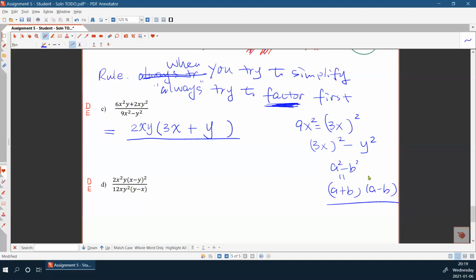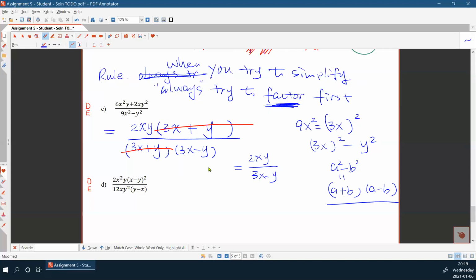Following this formula, we factor this expression into 3x plus y and 3x minus y. So this means we can cancel these two terms. What's left there? 2xy over 3x minus y.